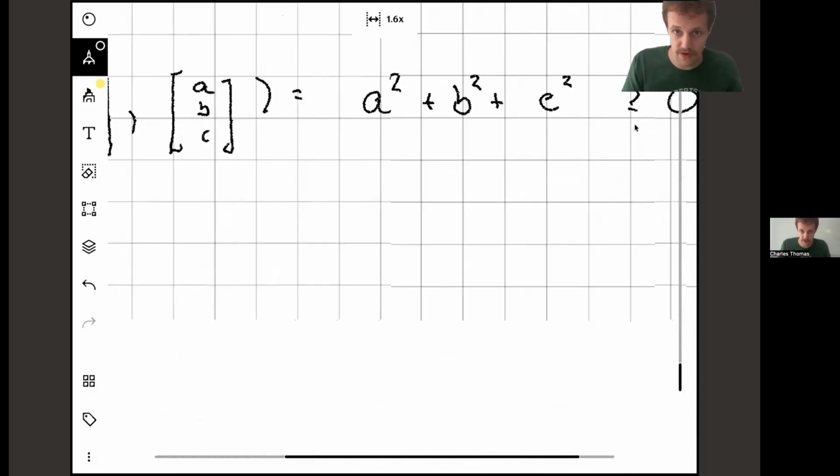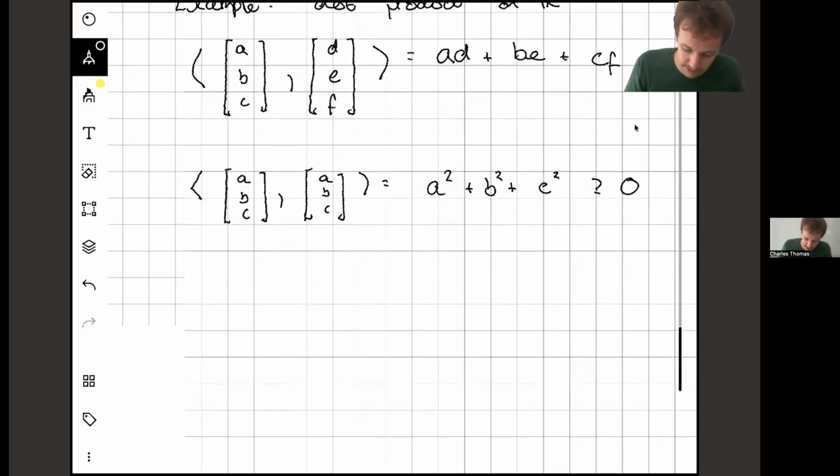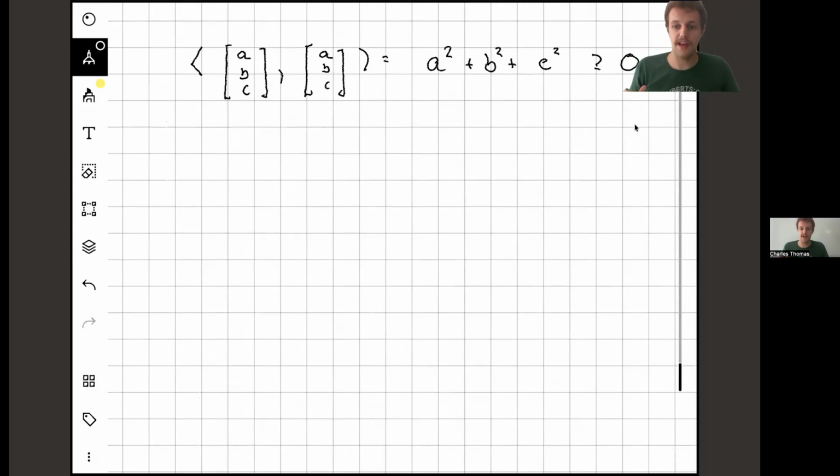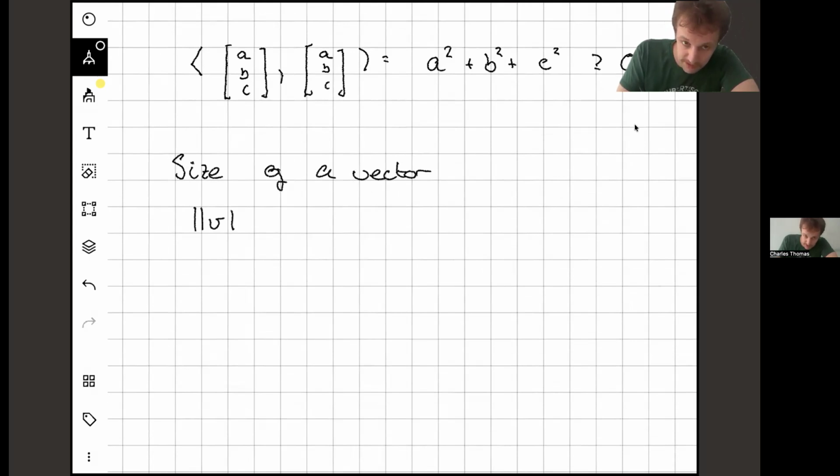So the reason we care about this is inner products allow us to define a couple of things. They allow us to define the size of a vector. And we define the size of a vector by writing this. The size of a vector is just the square root of its inner product with itself.